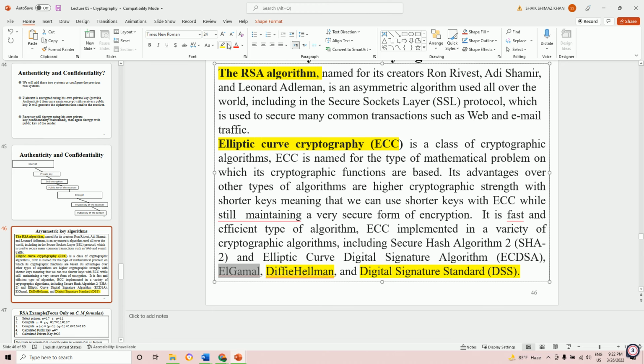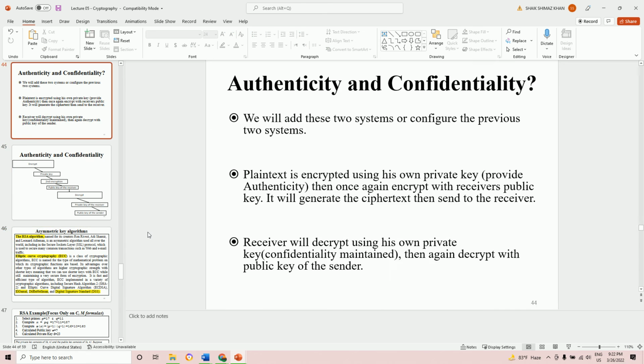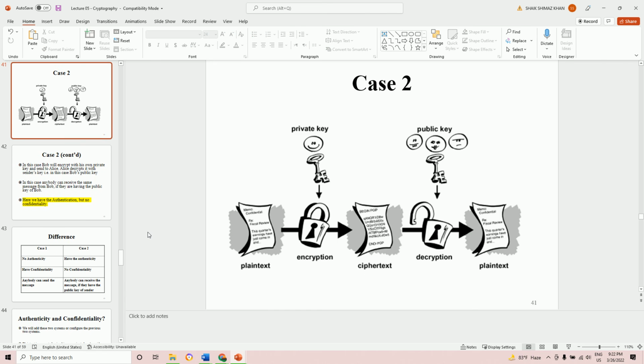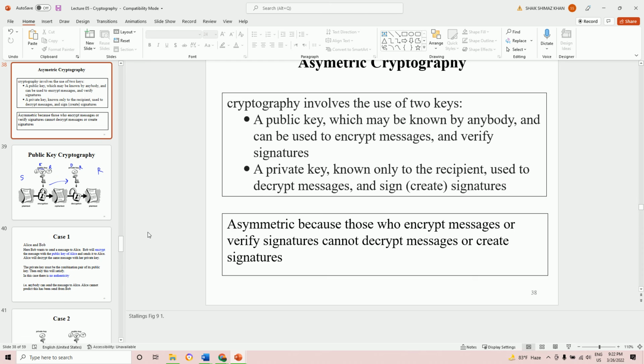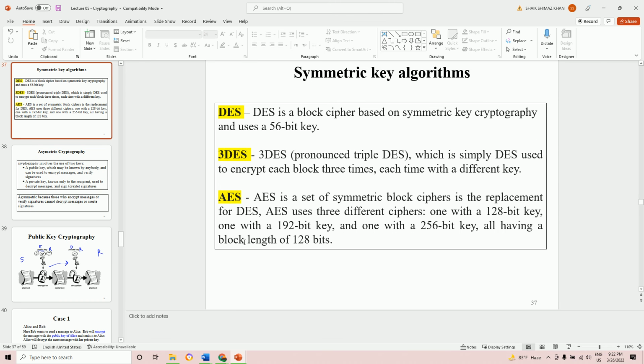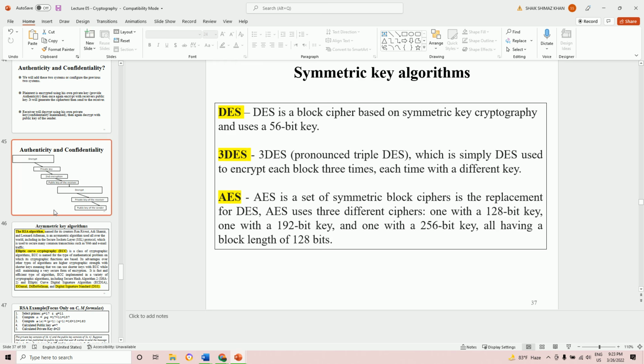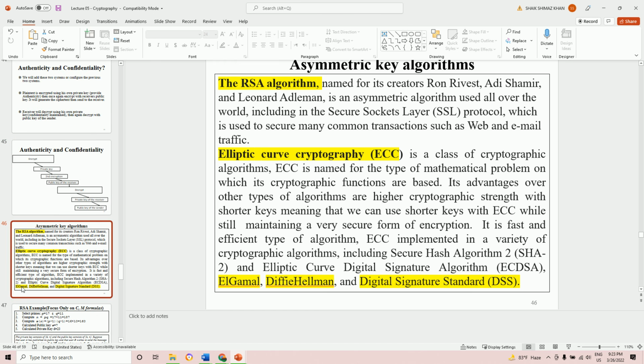All these are examples of asymmetric cryptographic algorithms. So please remember the names. Is it clear to you? Similarly, earlier we discussed examples of symmetric cryptographic algorithms. So DES, triple DES, AES, these are symmetric, and these others are asymmetric.